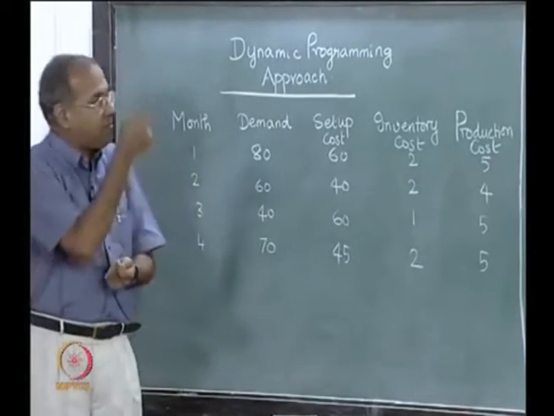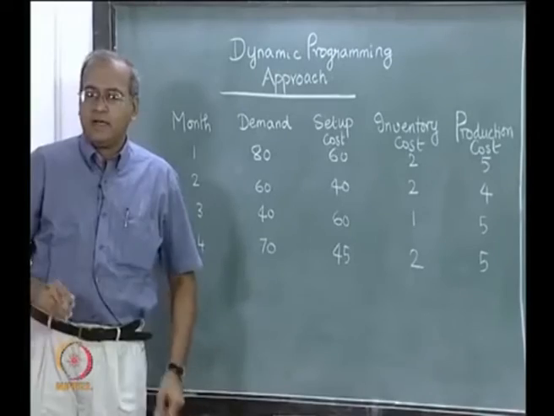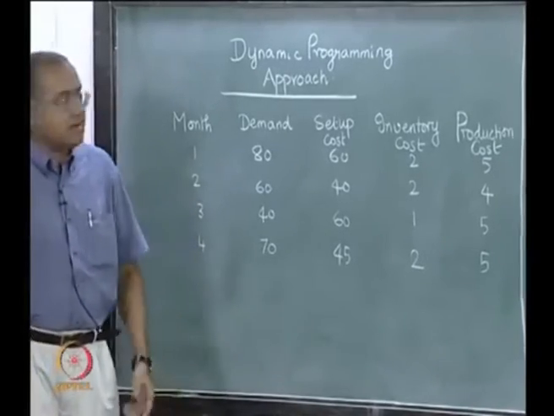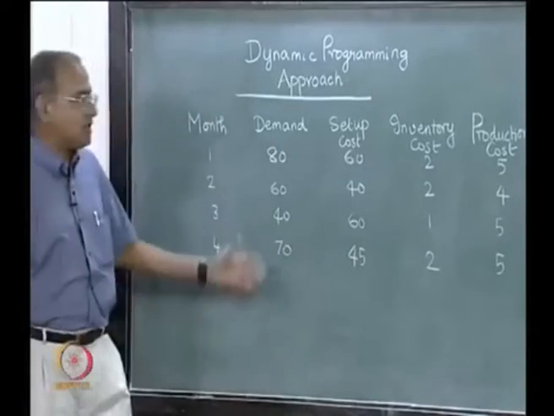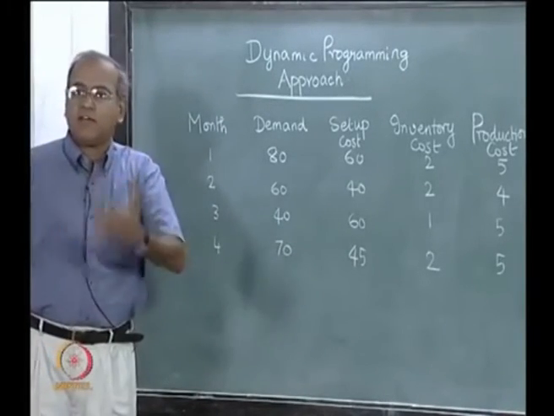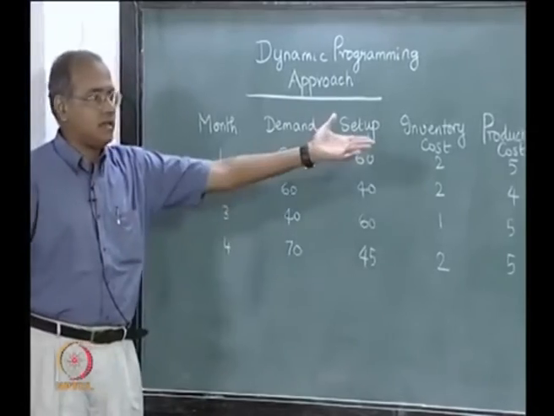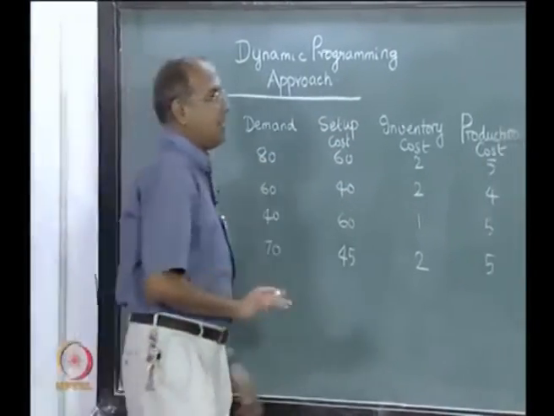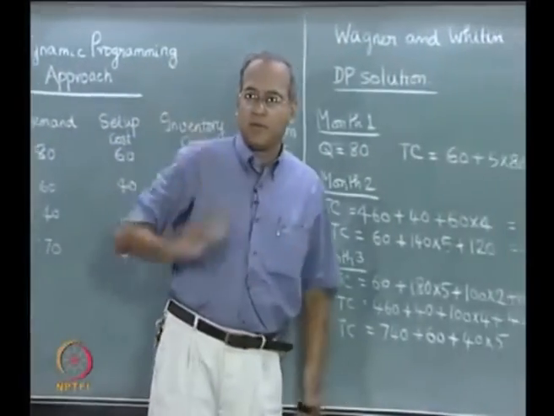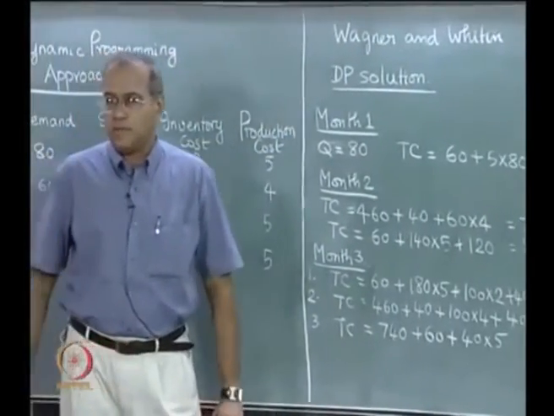Whereas, if we had not applied the Wagner-Whitin idea and done it using dynamic programming, then for example, the state variable can take any value from 0 to 250, and therefore, we would have evaluated many more scenarios than we actually have evaluated. So, the Wagner-Whitin idea has helped in the dynamic programming solution to this problem.